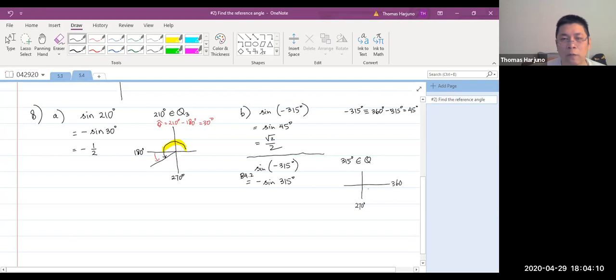It is in quadrant 4, and the reference angle is 45 degrees.